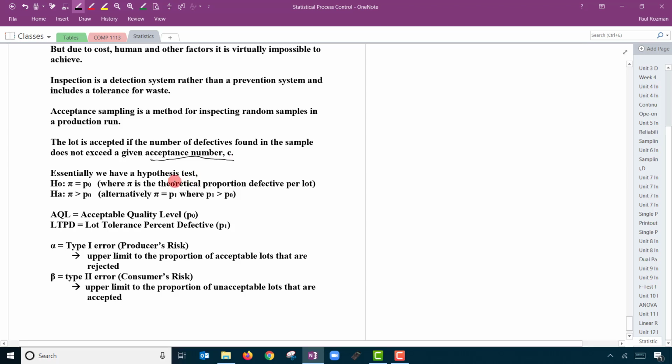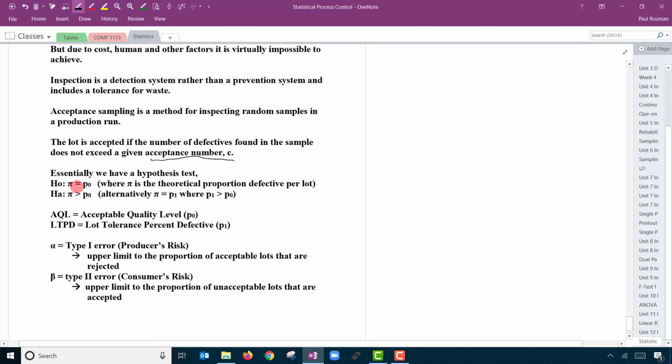But basically, you have a hypothesis test. Your null hypothesis is the proportion of defectives is equal to the theoretical proportion of defectives that I would accept to be defective. As I'm shipping things out, I'm okay with 1% of my product having a problem. And hopefully that's what I'm manufacturing, that the stuff that I'm sending out actually is 1% defective.